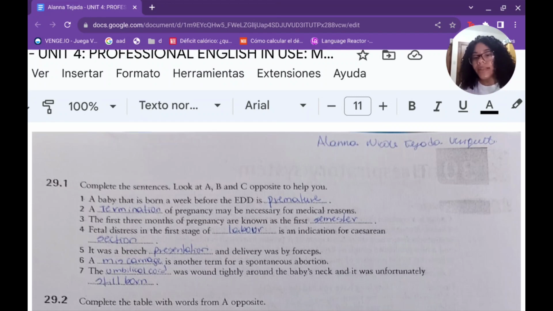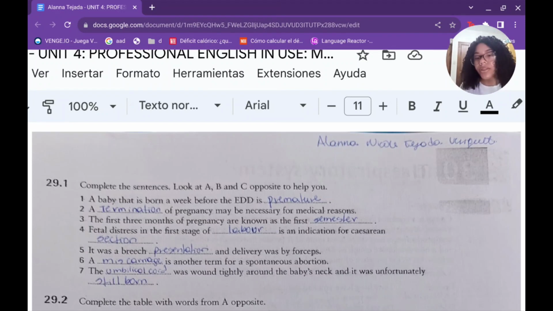29.1. Complete the sentences. Look at A, B, and C opposite to help you. 1. A baby that is born a week before the EDD is premature. 2. A termination of pregnancy might be necessary for medical reasons. 3. The first 3 months of pregnancy are known as the first trimester. 4. Fetal distress in the first stage of labor is an indication of cesarean section. 5.